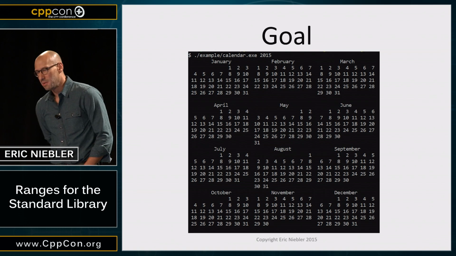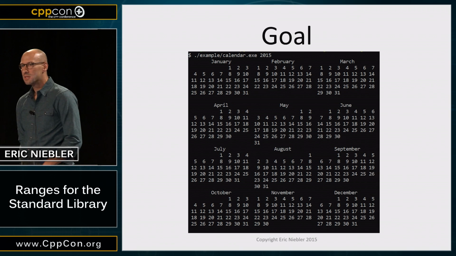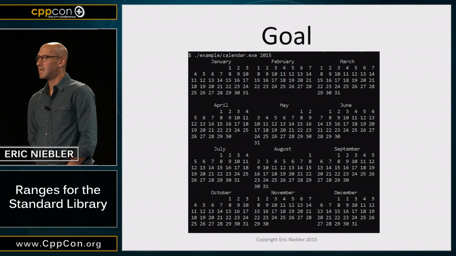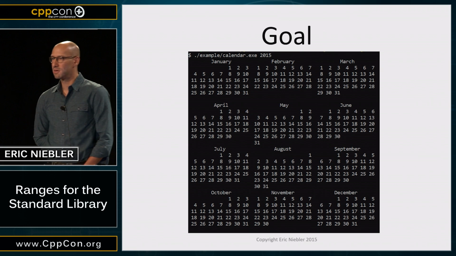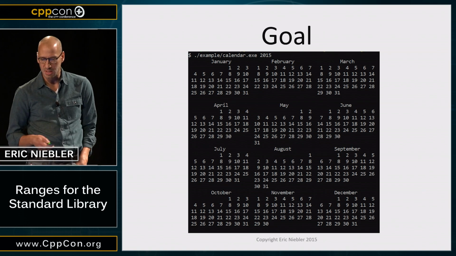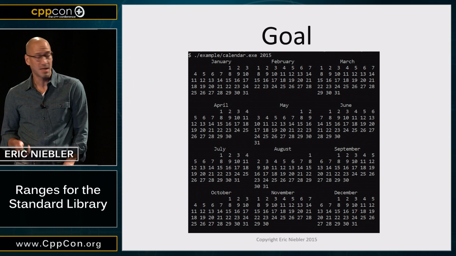So this is the goal. I'm going to be writing a calendar application, like a console application that takes in a calendar year and writes out to the console a formatted calendar. You can look a little bit at the example, and you can see some of the problems that we might expect to come up.